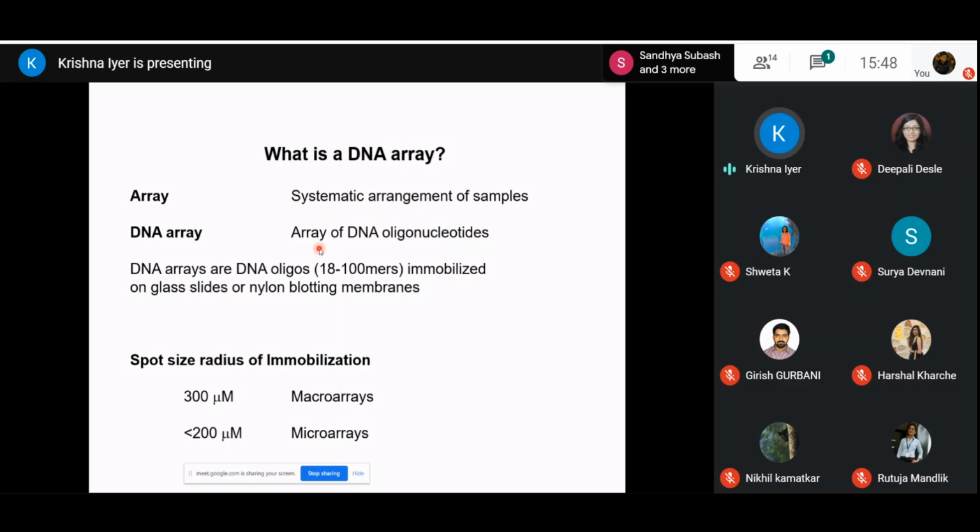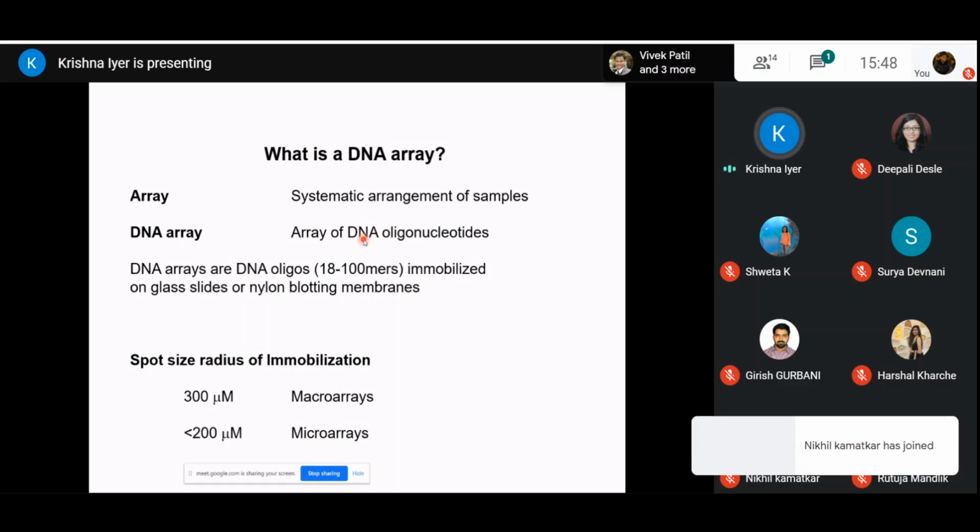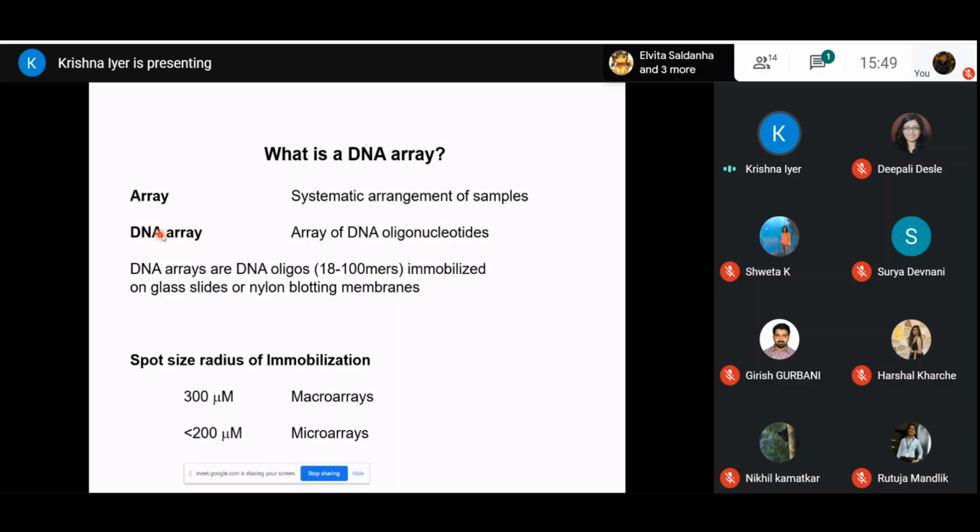When you have a systematic arrangement of different DNA pieces or different oligonucleotides, we call it a DNA array. Typically, what you'll find in DNA arrays are oligonucleotides anywhere from 18 to 100 nucleotides long, or 18 to 100 MERS. Generally, you'll find it somewhere in the range of 25 to 30. These are arranged usually on a glass slide or a nylon blotting membrane.